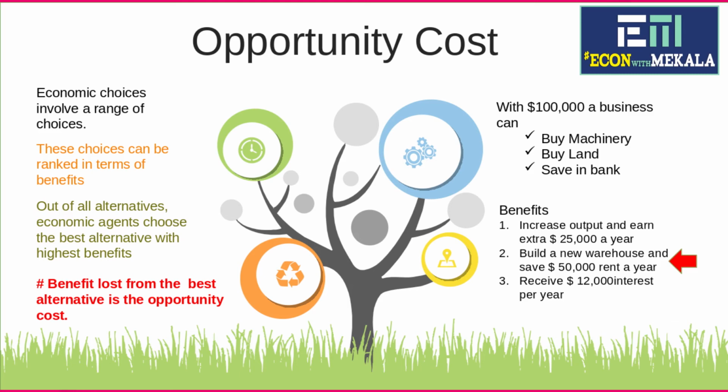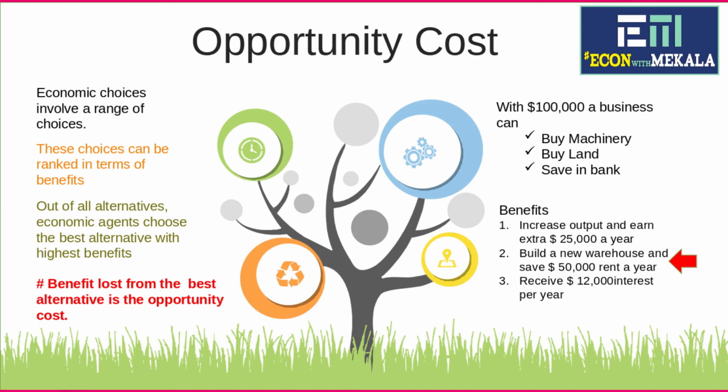Now, out of these three options, the best alternative for me is build a new warehouse and save $50,000 rent a year, because I get my land, I get a new warehouse. If you take the land and the warehouse, definitely the value is going to appreciate. Plus, I'm saving $50,000 a year, so I'm going to go with the highest benefit second option.